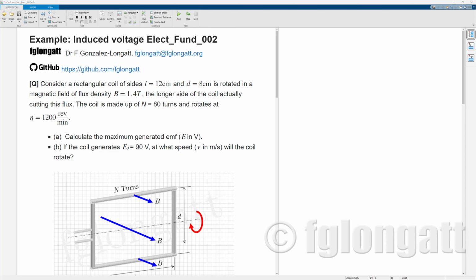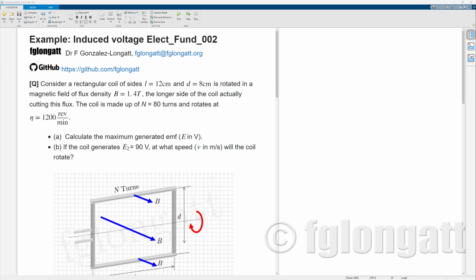And one very important aspect when we are working with electrical machines is the induced voltage. For that reason, today we are dealing with this very simple but exciting and useful example.